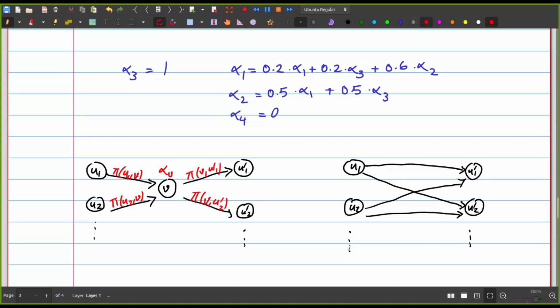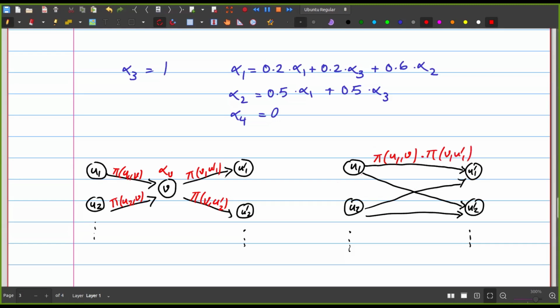Now, what is the probability that I should write for this edge? You can find this probability by going over the system, or you can just use your intuition based on the graph. So if I start at U1, what is the probability that I go to U prime 1? Well, it's just going to be the product of the probability of this edge and the probability of this edge. So P of U1V times P of V U prime 1.